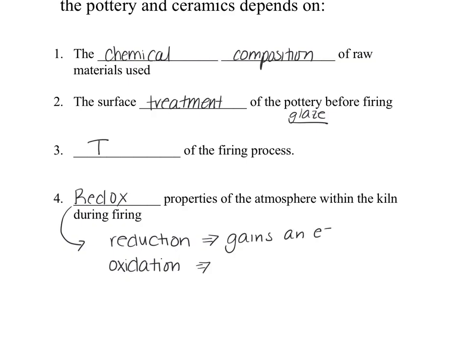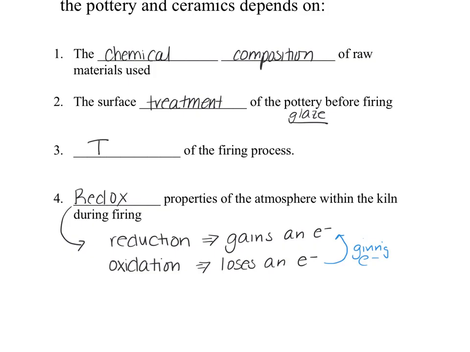And in oxidation, a chemical substance loses an electron. Now, this doesn't really gain or lose. What's happening here is what's going through oxidation is giving the electron to whatever is going through reduction. Okay, and so that transfer of an electron is called a redox, and that's going to change the charge on your materials, which can change the color.